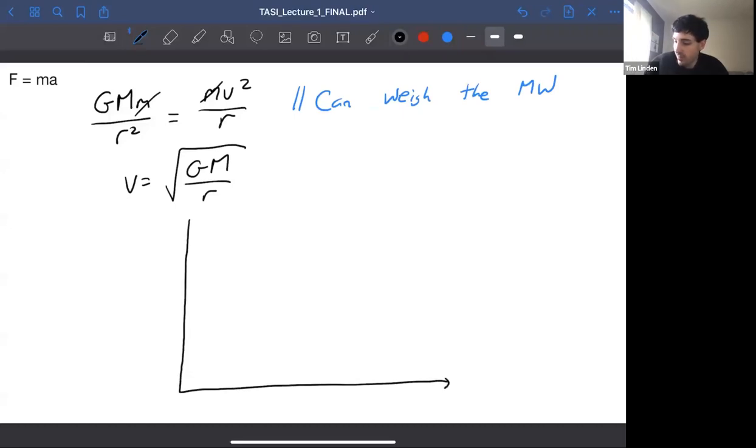So here we have the radius in kiloparsecs from the center of the galaxy to some given star that we're going to observe, and we have the velocity of that star. And if everything was just a point object, if all of the mass in the galaxy was right at the center, you would have something that looked like this, V for a point object.